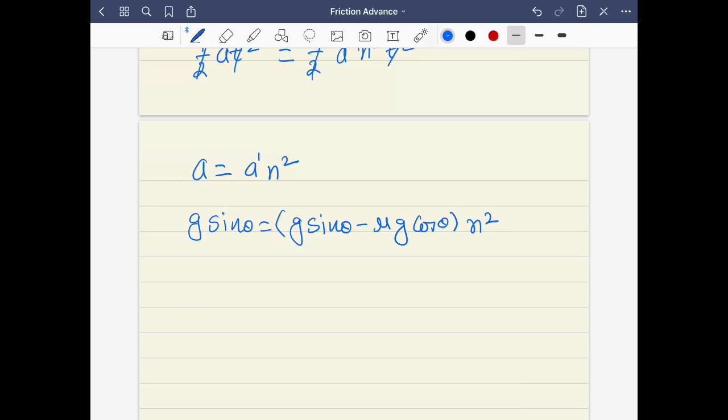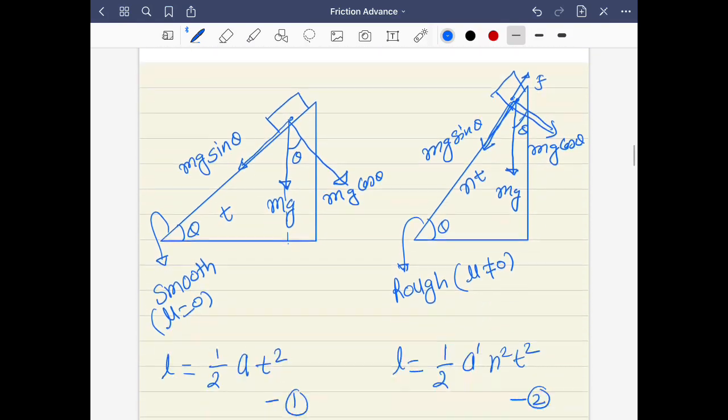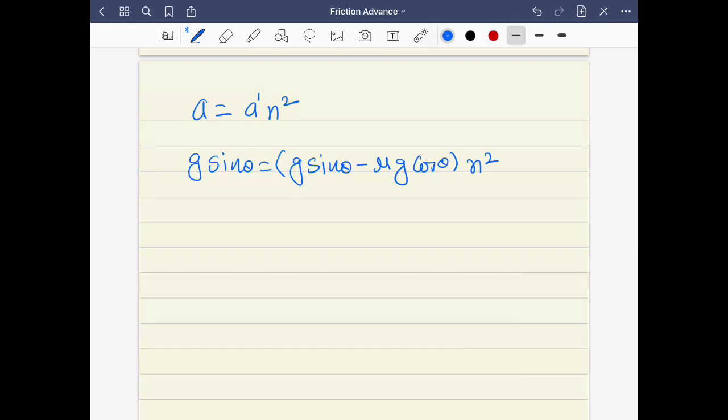Now we want the coefficient of friction, that is mu. So I'll take g sine theta common and cancel. It will become 1 is equal to 1 minus mu cos theta by sine theta, into n squared.